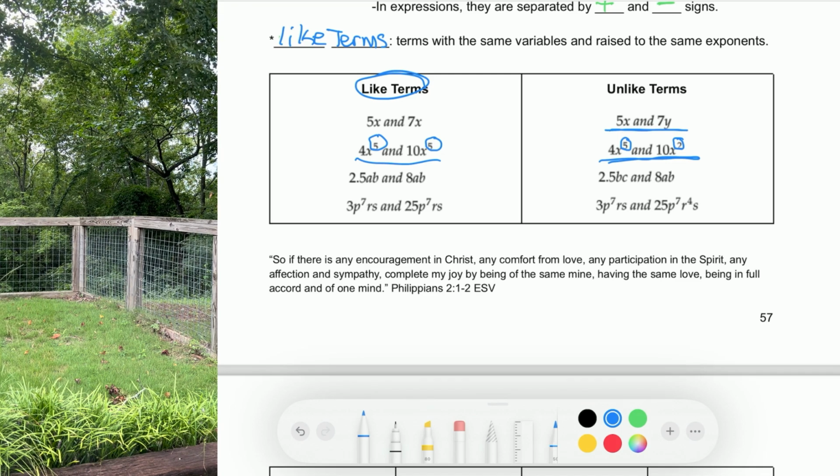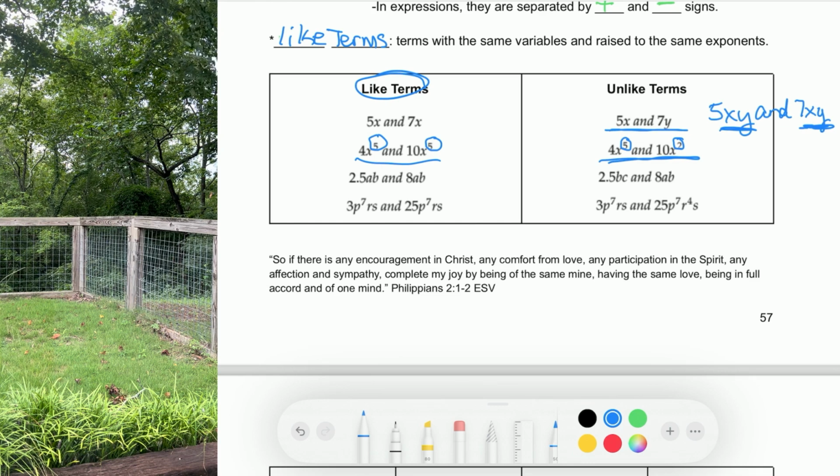Well, what's different about that one is the x and the y. To be able to combine those in addition or subtraction, we would need both of them to either be an x or both of them to either be a y. Or you could have a situation like this, 5xy and 7xy. As long as they have the same situation here, then they're considered alike. If they don't, if those are different, then they are unlike terms.